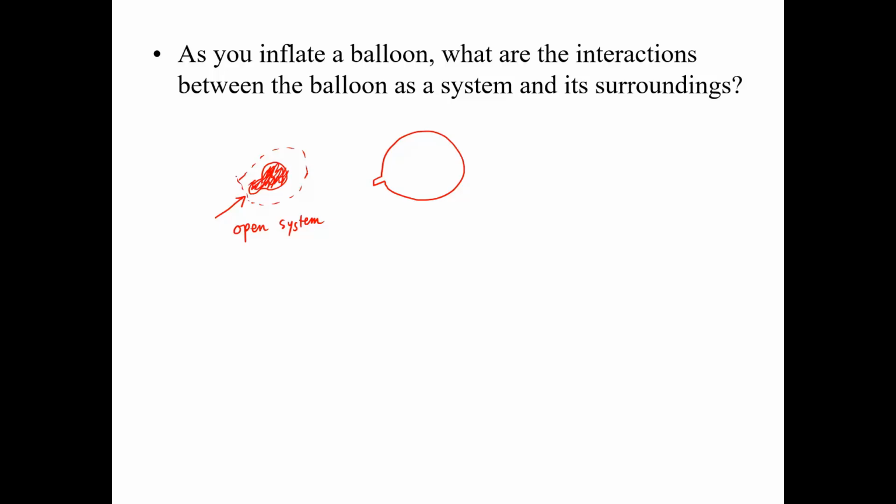It is an open system. For such an open system, you can see obviously we have mass transfer between the system and its surroundings. So here is my system, and everything outside of the system is its surroundings. So firstly, there exists mass transfer.